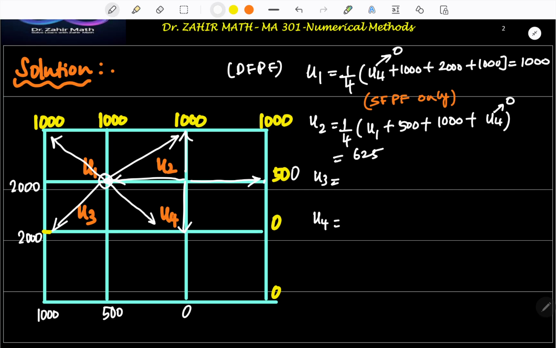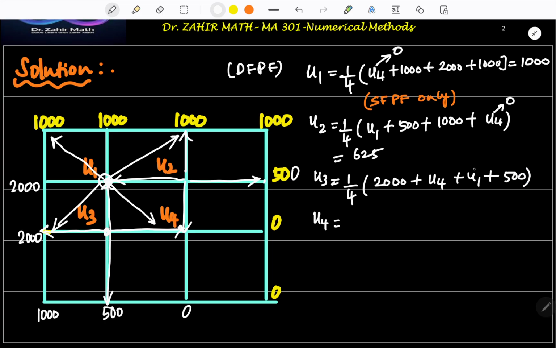I stop the video, I calculate and come back. Keep in your mind. So U3 equals 1 by 4 bracket open, U3 is this point and you're going this side, which is 2000, and then U4, then U1 and then 500. So U3 is equal to 1 by 4 of 2000 plus U4 plus U1 plus 500.